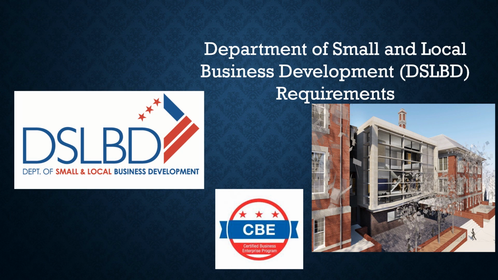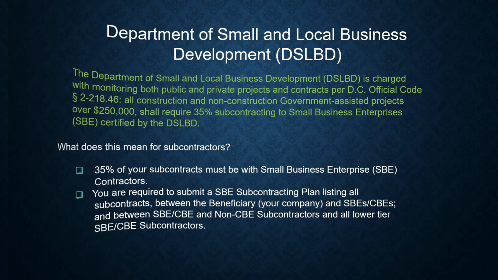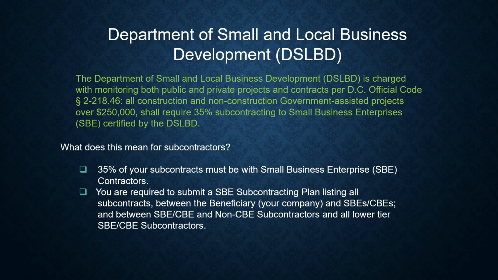The first set of requirements I'm going to cover are the Department of Small and Local Business Development requirements, also known as DSLBD. DSLBD is the agency in charge of monitoring public and private projects and all contracts per DC's official code.